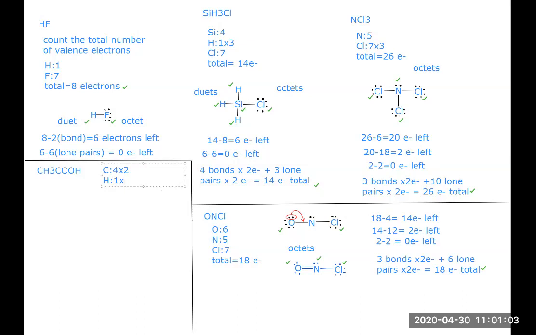Yes, 1 times 4 hydrogens, right? Remember how that 3 here is a subscript for hydrogen. And the last hydrogen here, you need to add that to it. So it's 4 hydrogens, right? Be careful.